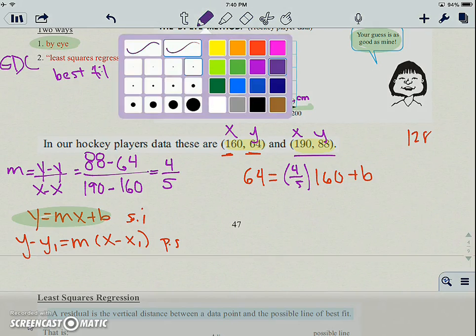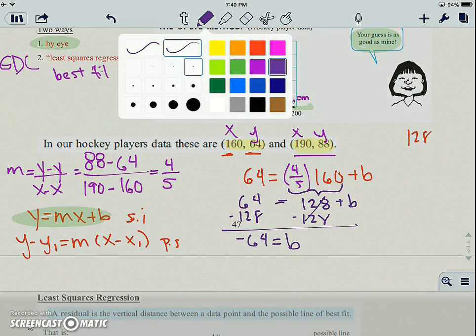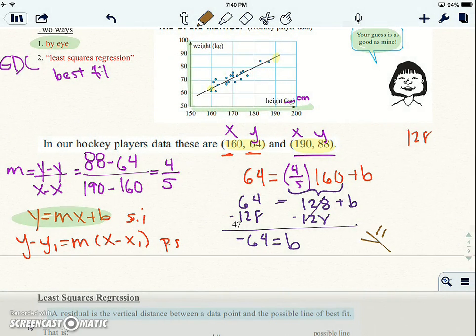So the middle step would be 4/5 times 160, which is 128, plus b equals 64, minus 128 from both sides, and you get that negative 64 I was talking about, which means your line of best fit is y equals 4/5 x minus 64. This is the equation of this line.